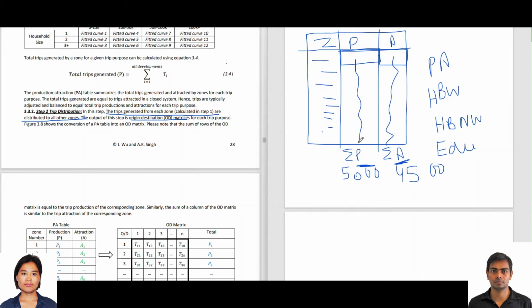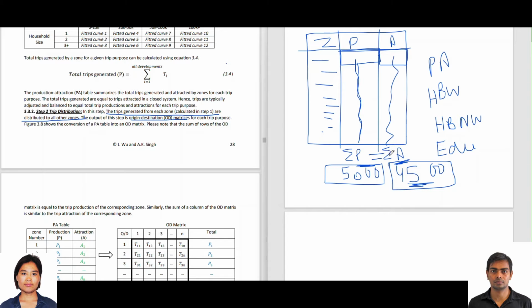So we can change one or all of the elements to make this 5,000, or we can change this 4,500 to match 5,000. But overall, total production is equal to total attraction. We will look at how we do this in practice. This is called PA balancing, or balancing the production attraction.